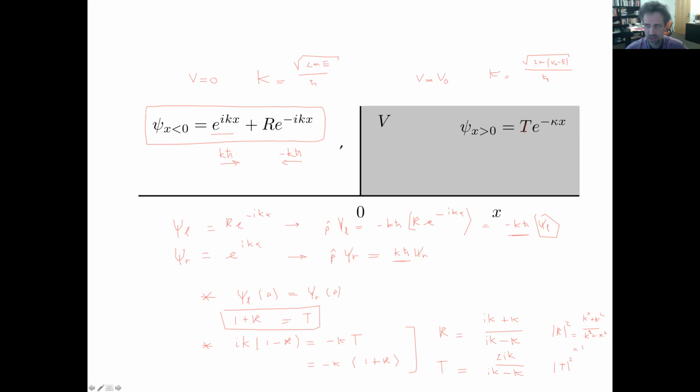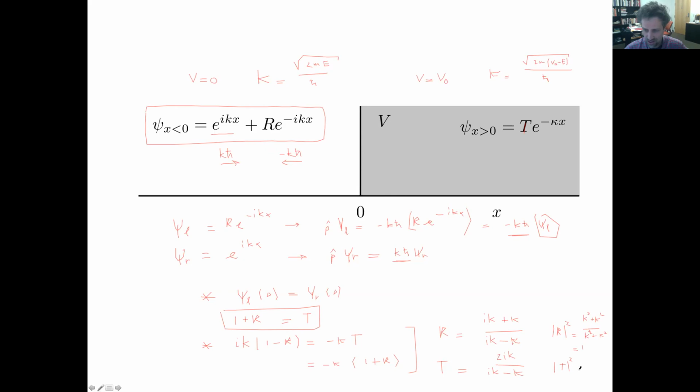Okay, so that's perhaps a little surprising. It doesn't disappear. It can explore this gray area, but it won't stay there. It will come out with a chance which is equal to 1.